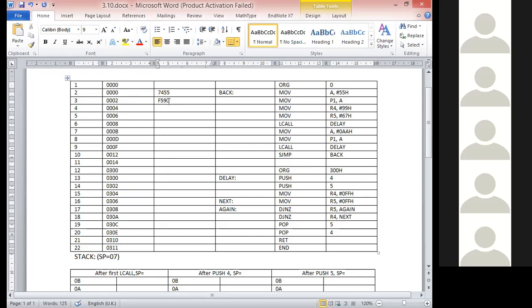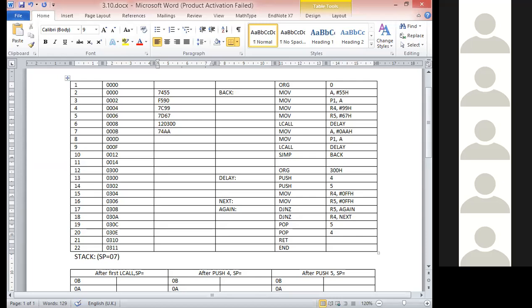After that, it will be 7C99. Then it will be 7D, and the value will be 67. After that, we have got LCALL. It has the same address, so it will have the same opcode. Then we are moving some value to register A. It is 74, the value is AA, so it is 74AA.